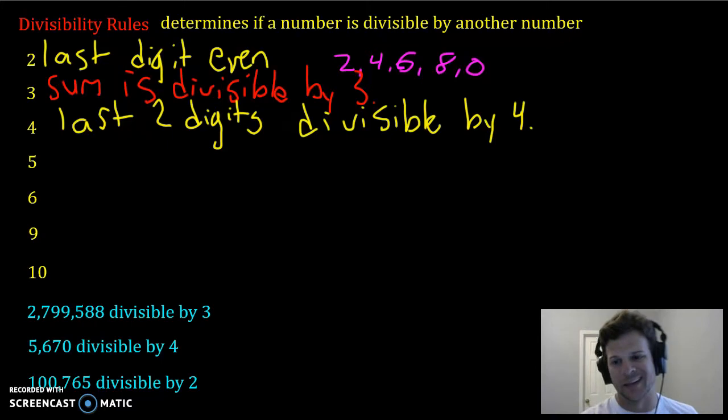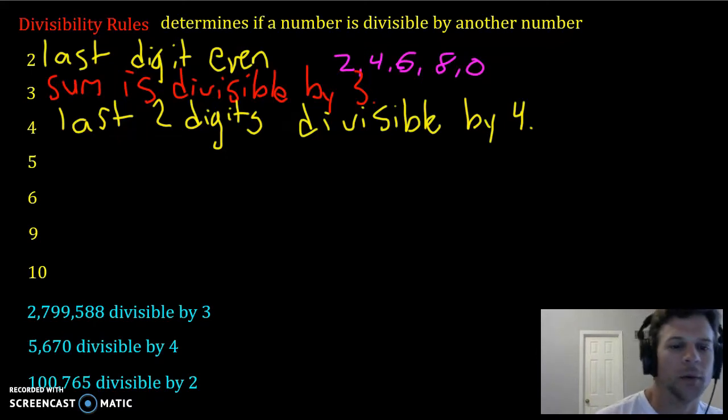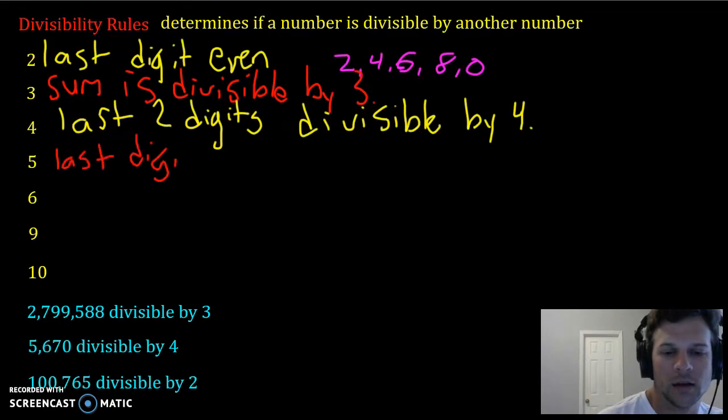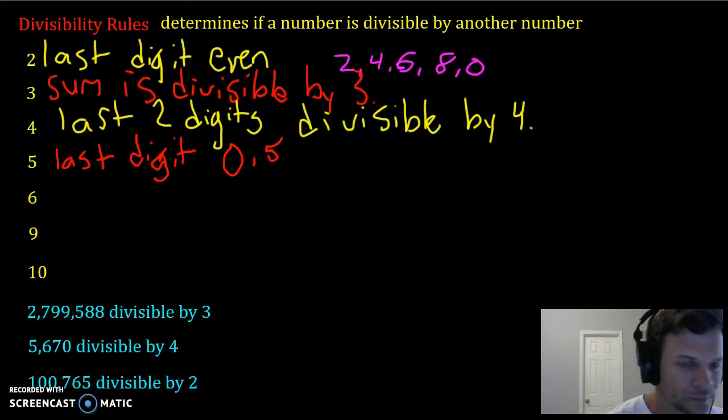Okay, so if you have a number that ends in 20, 24, 36, 40, then the entire original number is divisible by 4. Number 5, the last digit is either a 0 or a 5. If it ends in one of those two numbers, then that original number is going to be divisible by 5.